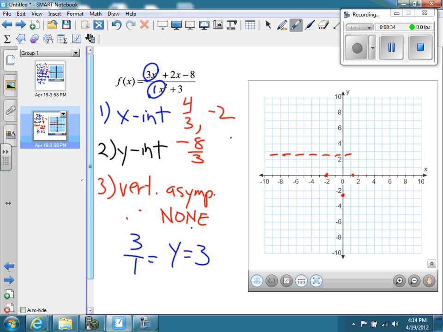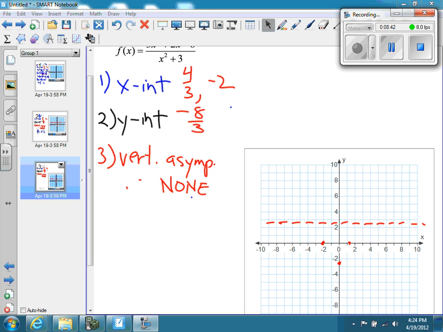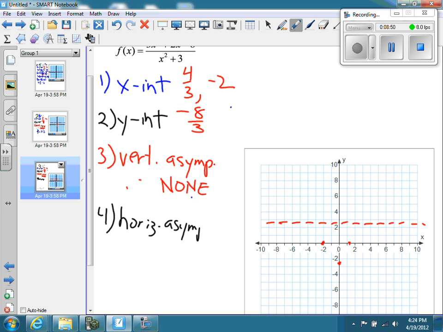Horizontal asymptote, y equals 3. All right, so number 4, we had our horizontal asymptote. Let's write it there. Horizontal asymptote is at y is equal to 3.